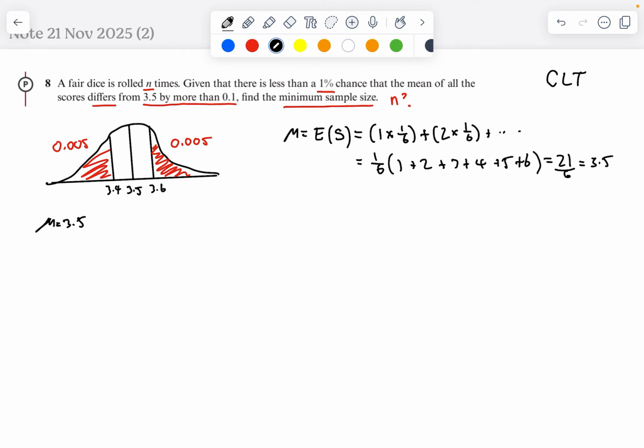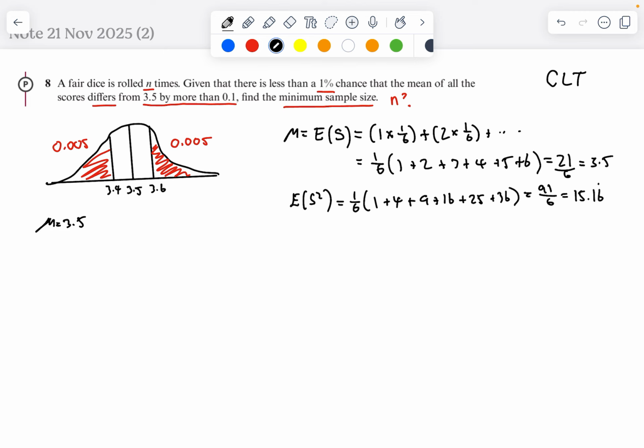Okay, now I need a standard deviation. So what I'll do is the expectation of x squared. And again, remember, this is 1/6 times the value squared. So that's 1, 4, 9, 16, 25, 36. And that gives me 91 over 6, which is equal to 15.16 recurring.